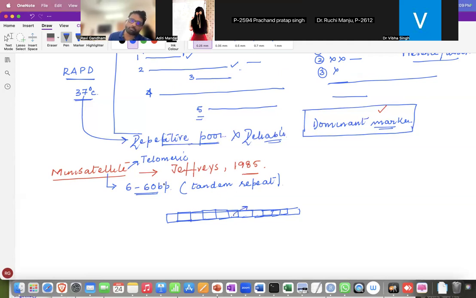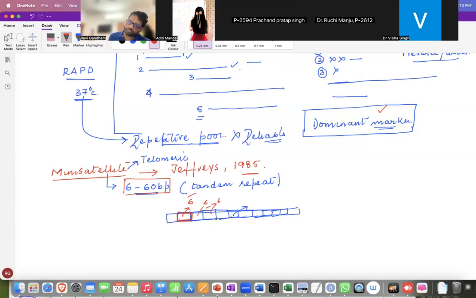Now, when you talk about a box here, for example, if I have boxed something here, it means this particular repeat can be 6 to 60 base pairs, one particular type. Let us say this is 6 base pair, this will again be 6, this will again be 6. Don't expect that if this is 6, this can be 7 or 10 or 20. The same repeat unit is repeated one after the other.